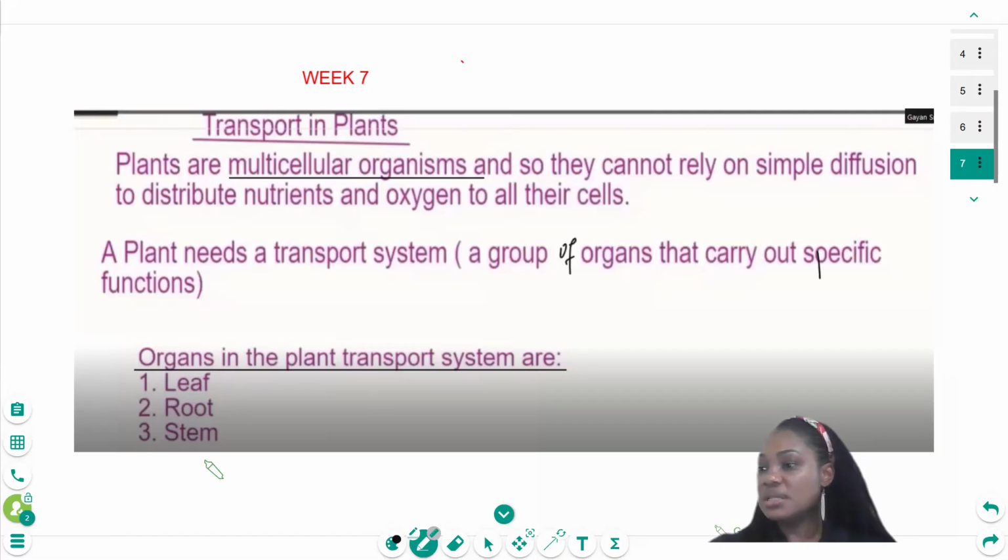So I'm going to give you a chance to copy this. They're still trying to meet their needs, just like how we humans are meeting our needs with our transport system. Except that plants are not as complicated as humans, so their transport system is not as complex. So go ahead and make notes of that.